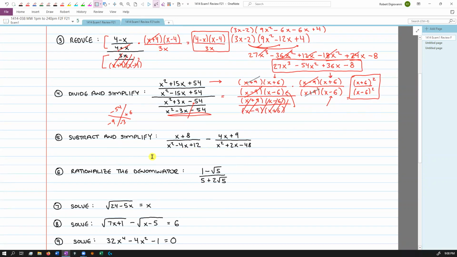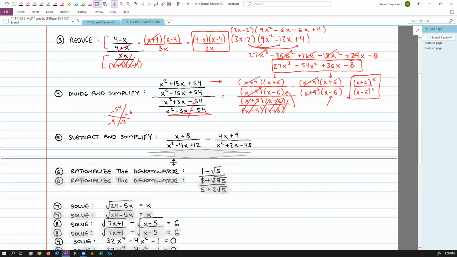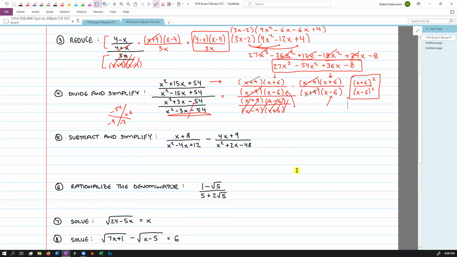Subtract and simplify. So for this one, we need a common denominator. Unfortunately, we do not have a common denominator. So let me try and factor this. This becomes this one right here. This becomes x minus 6, x plus 2. And then on this one, we need to multiply to be 48 and add up to be 2.